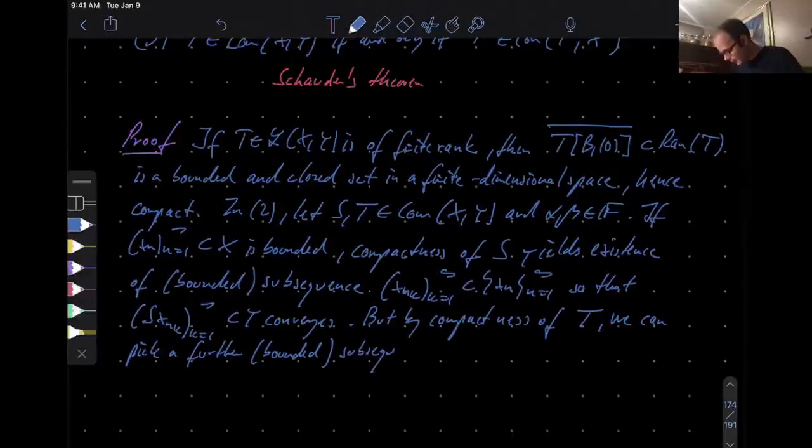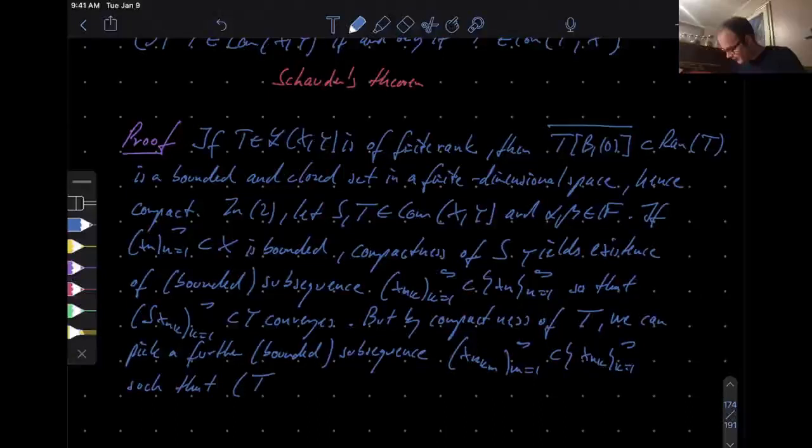Now I have to write triple indices, say x_{n_{k_m}}. This is a subsequence of the previous subsequence x_{n_k}, such that the image under T, x_{n_{k_m}}, m is the running index, this is a sequence in Y, converges.